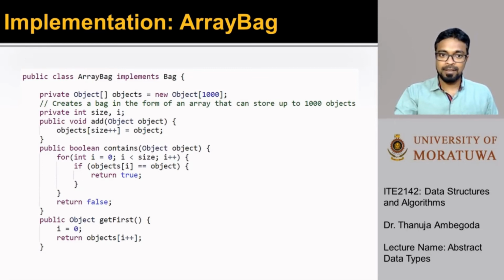If a match is found in the array, it returns true. If no match is found, it returns false. That's how the contains method works. Then you have the public object get first method. It does not require an argument because it basically returns the first object in the array.